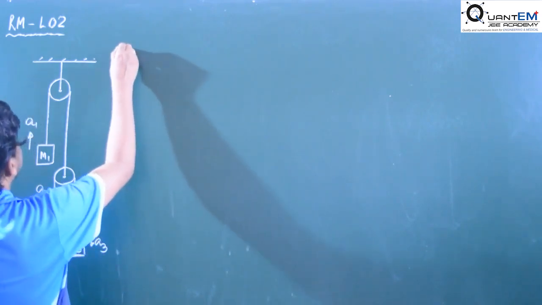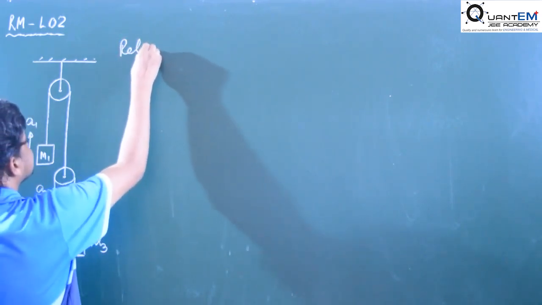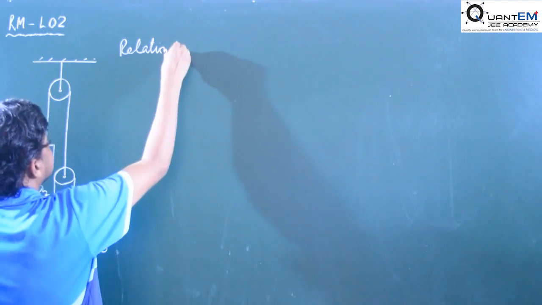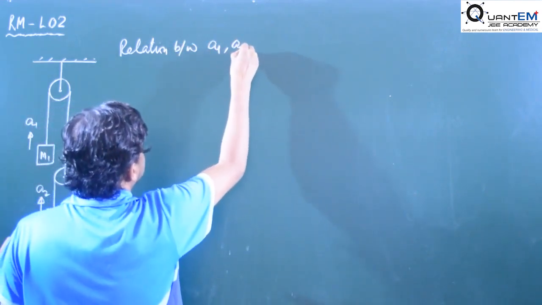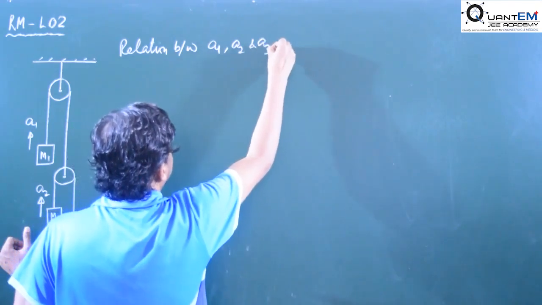So what we have to get is the relation between a1, a2 and a3.